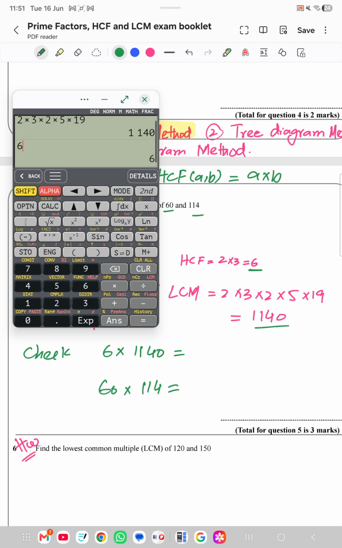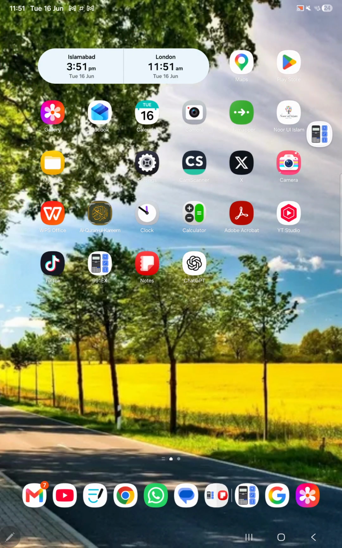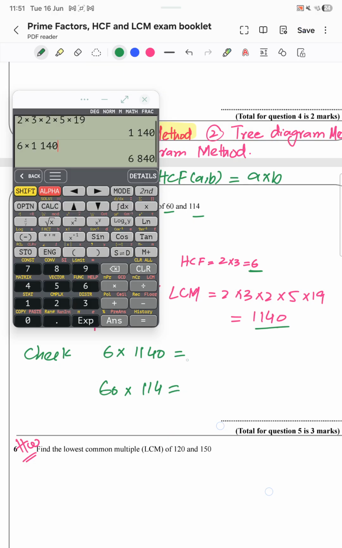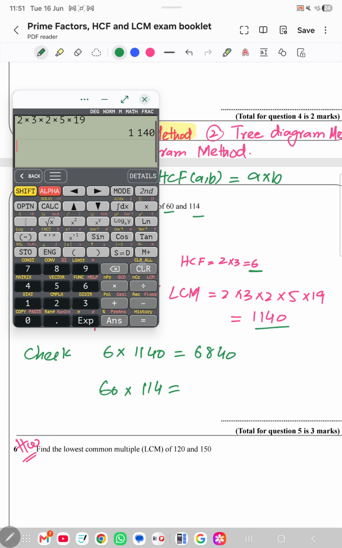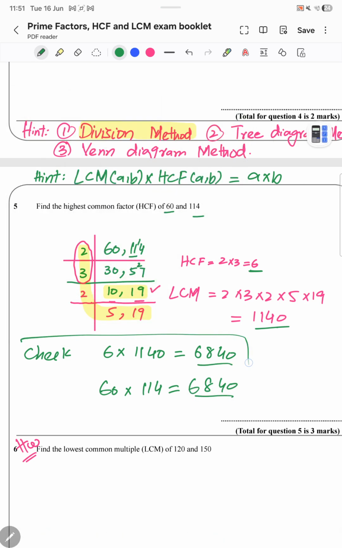So 6 times 1140 is 6840, and 60 times 114 is 6840 as well. So you can see both the numbers are the same. This is just a check, it's not part of the solution, but you can verify whether your solution is correct or not in that way.